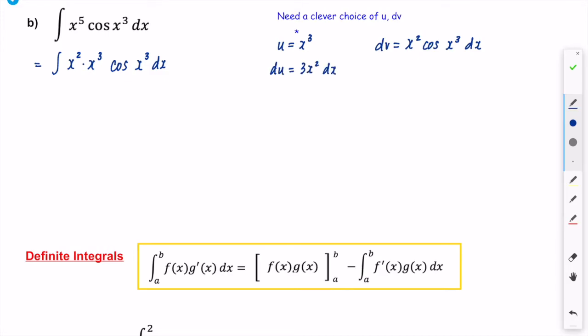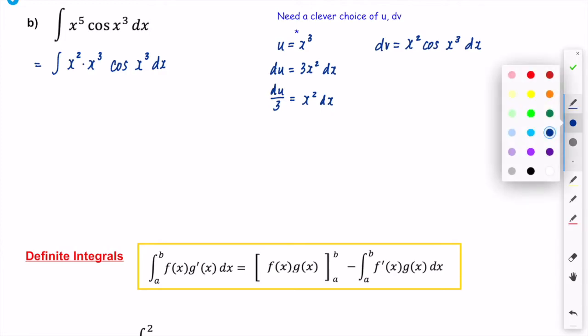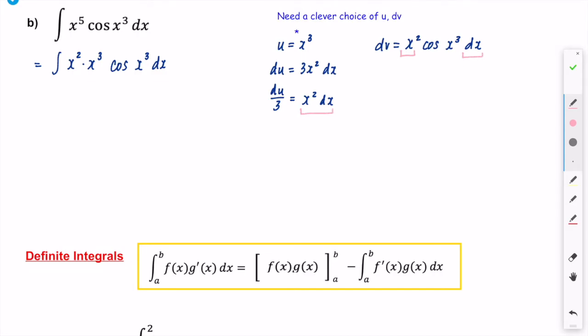I can also write du over 3 as x squared dx. For the v part, you know how nice it is now to see that you have u and dx that matches with du over 3.